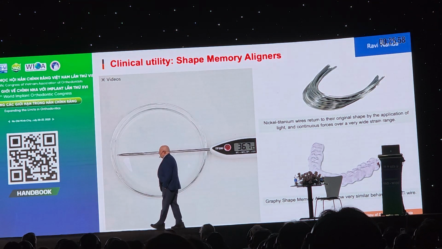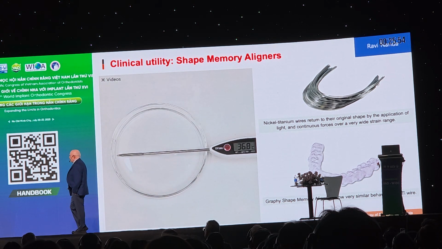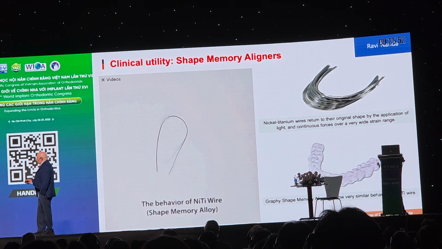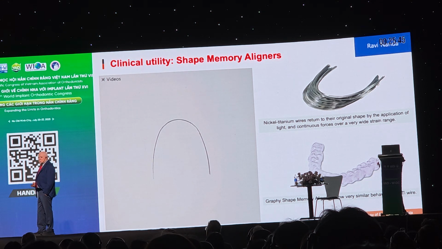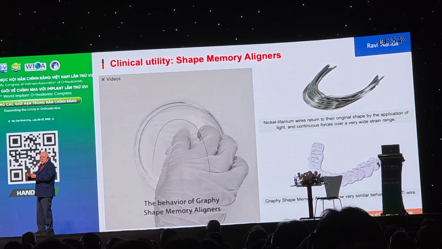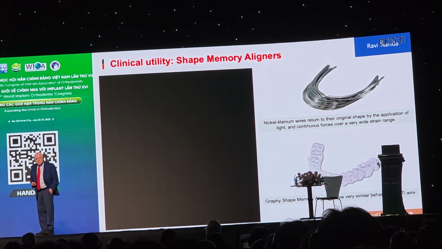So, clinical utility of shape memory aligners. If you take a look at it, remember this thing? Those of you who were there, we used to show this, impress everybody at the meetings. Take a nickel titanium wire, put it in the hot water, everything goes back to the shape. Take a look at the same thing.